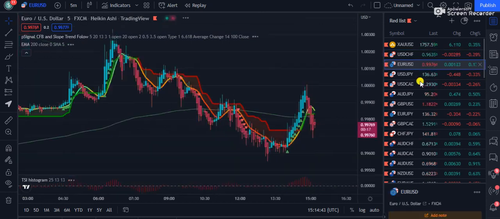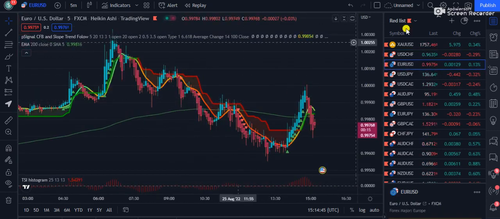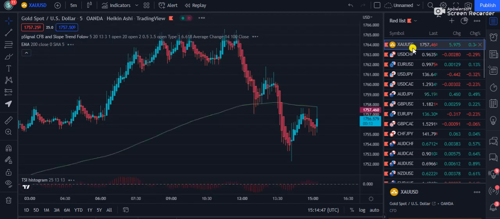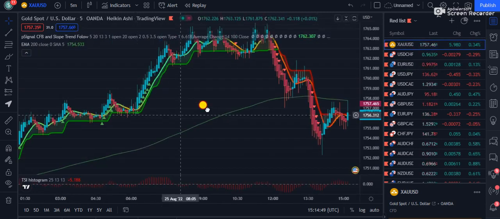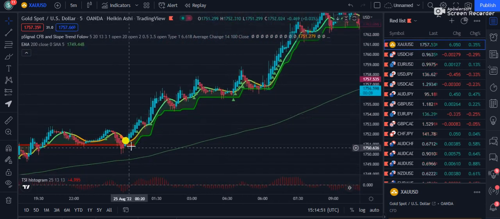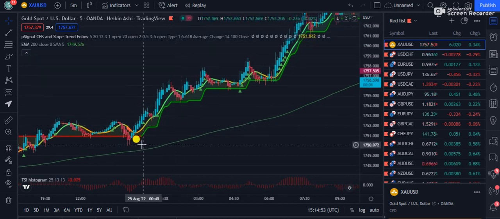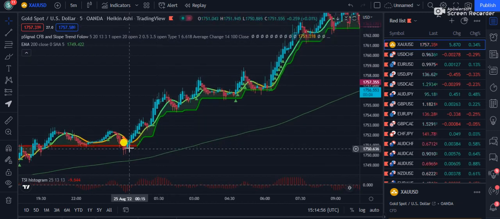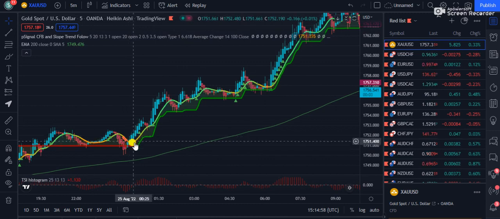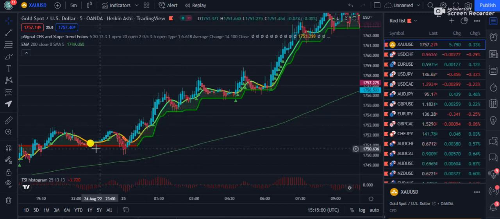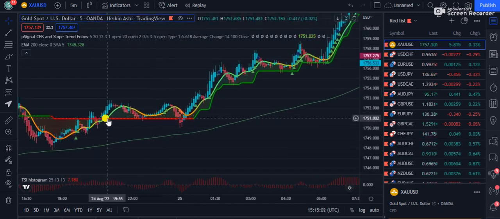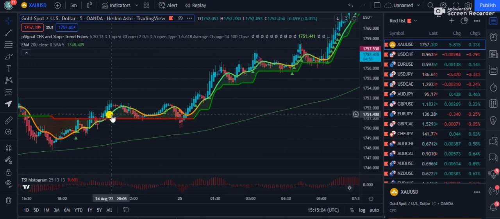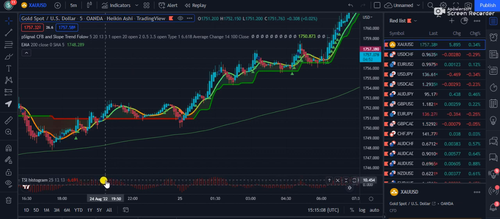Let's see other pairs like this one, let's go to gold and check this one. If you look here, this is the beautiful setup that you have received. For example, you have the buy signal somewhere here. If we go back here, we have the bullish crossover, right? So the bullish crossover was there, and you can see the histogram closed above the zero level.